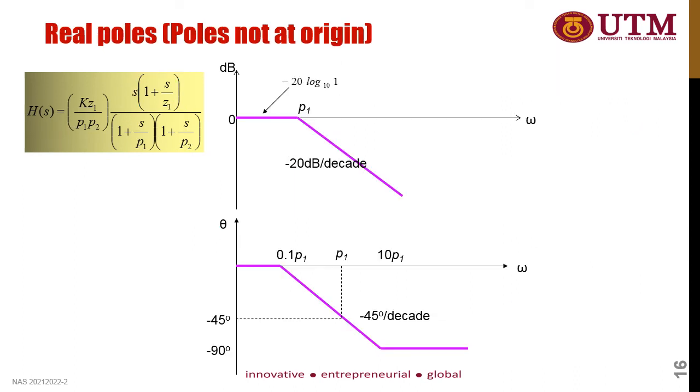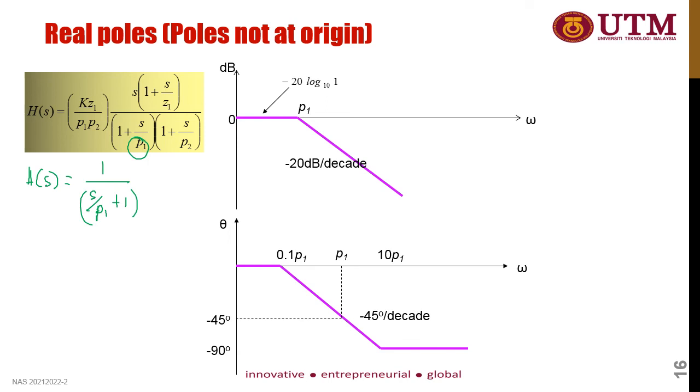Next, we have seen the zeros not at origin in the previous slide. Here, when you have poles not at origin, or real poles, in this case for example at P1, the transfer function for this particular pole equals 1 over s over P1 plus 1.